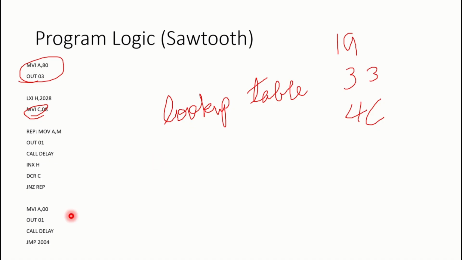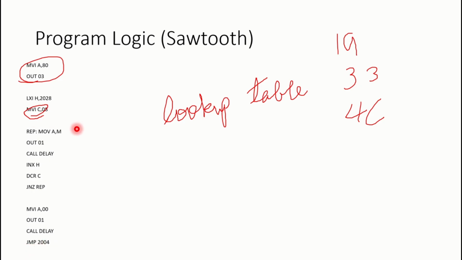And then we call delay. After we call delay, we increment the value in H by 1, and then we do the same steps again and again. This, as I explained earlier, is JMP 2004.